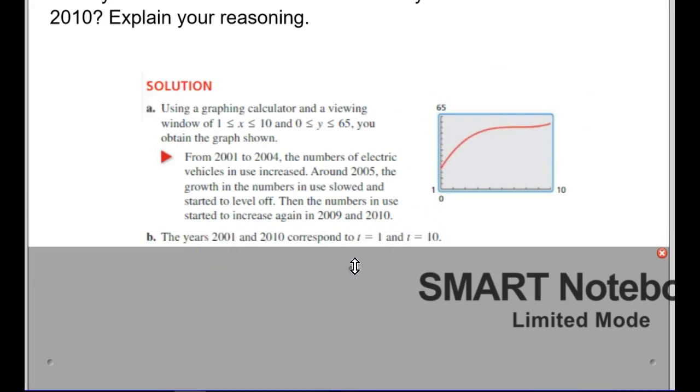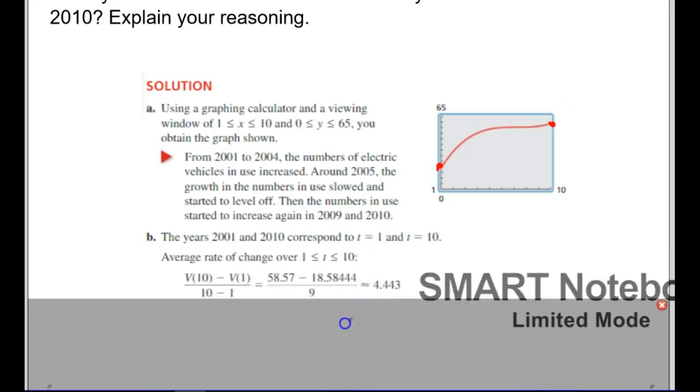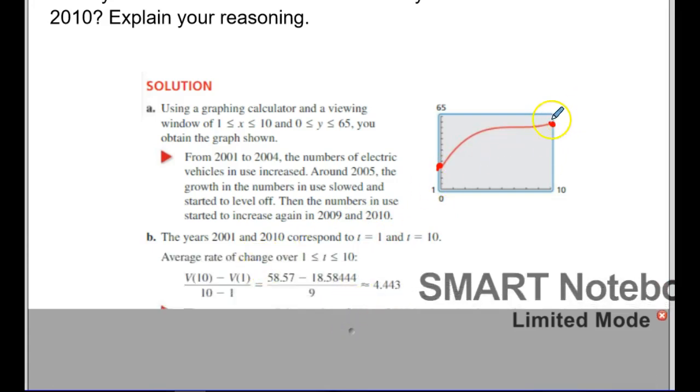So when I'm finding the average rate of change, I have to find this point right here and this point right here, the x and the y. Here I'm given the x's, it's going to be 1 and 10. Then I can use my graph. Remember, on Desmos you can click on these points and find exactly where you want to be and find my average rate of change.